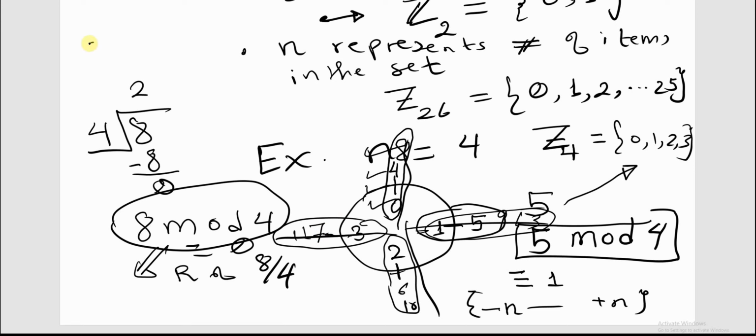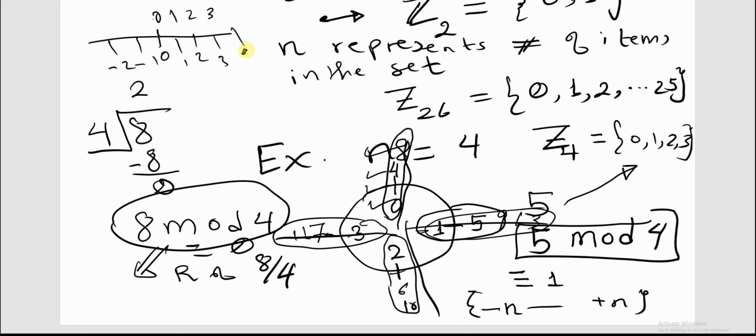So we can also look at it from the numbering system: 0, 1, 2, 3. Here minus 1, minus 2. Basically, if we're talking about mod 4, we always have 0, 1, 2, 3.